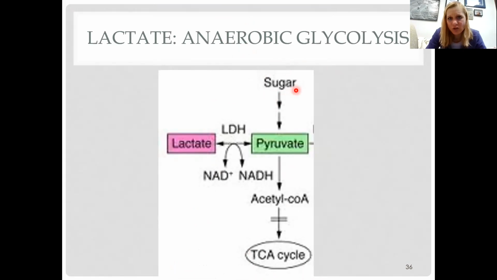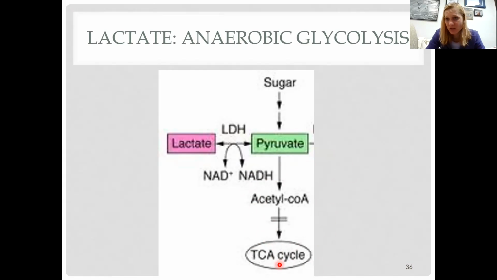So again, I take that sugar molecule, which we said was glucose, I convert it into pyruvate or pyruvic acid, and then I have 2 options. I can either choose an anaerobic pathway, which is this side, or I can choose an aerobic pathway, which is this side. Let me talk about aerobic first.